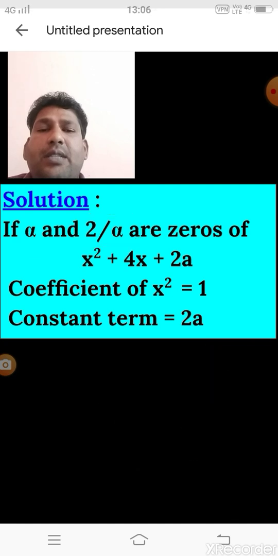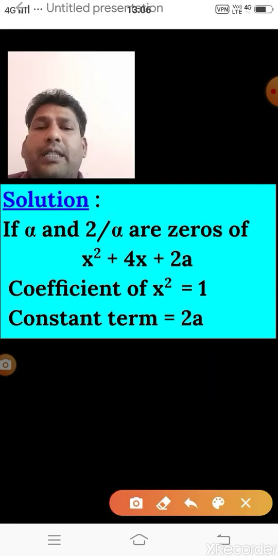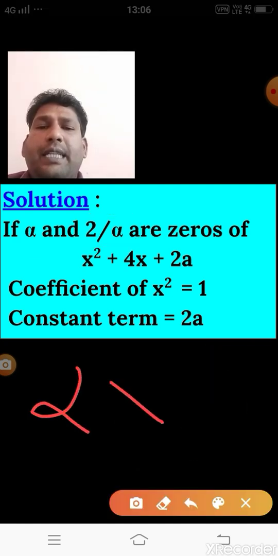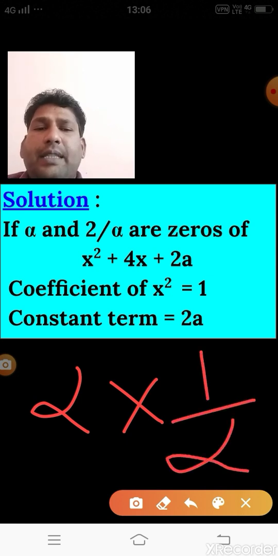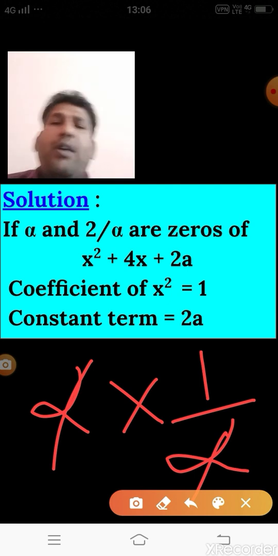But instead of this, if you take the product of alpha and 2 upon alpha, then the alphas cancel out and we get a value 2 in the numerator.